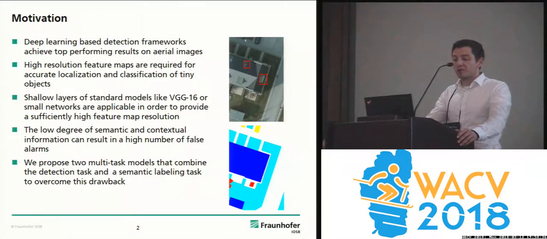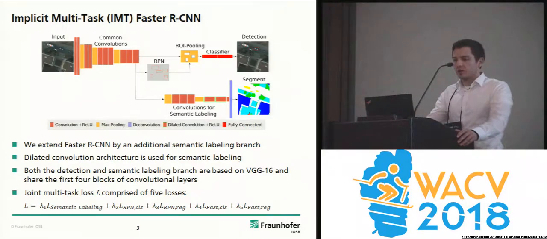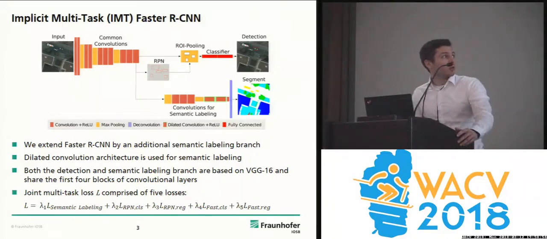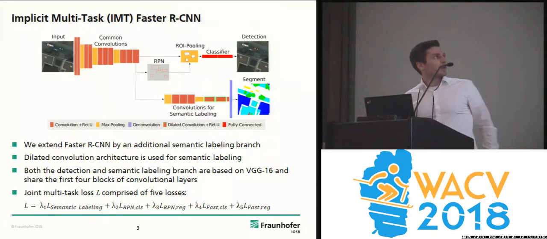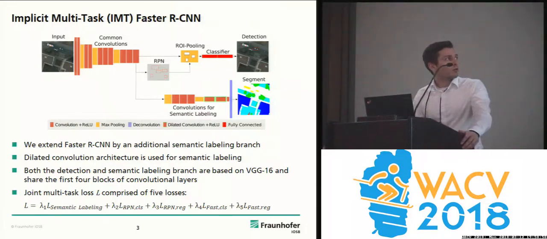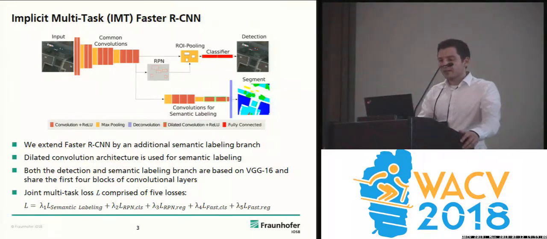We proposed two multitask models that combine the detection task and the semantic labeling task to overcome this drawback. The first model is called implicit multitask faster RCNN and is an extension of faster RCNN by an additional semantic labeling branch, which is shown on top. It's the detection branch, and the lower branch is the semantic labeling branch.